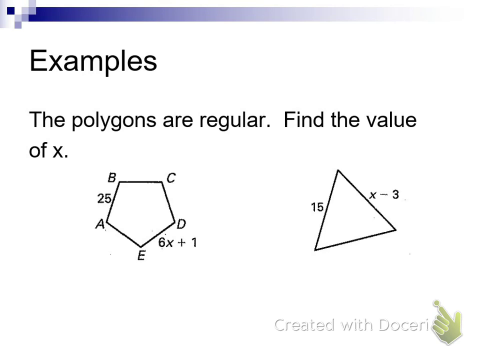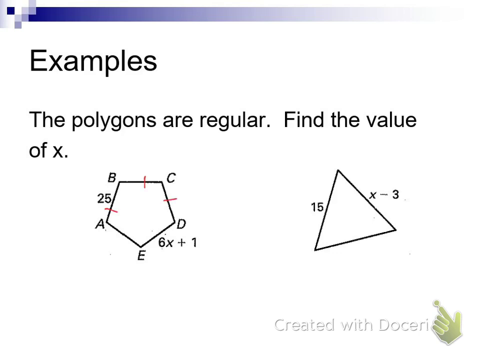We are told that these polygons are regular. We are asked to find the value of x. If they're regular, what does that mean? What's congruent? The sides are congruent and the angles are congruent. In this case, we don't care a whole lot about the angles. We just care about the sides.